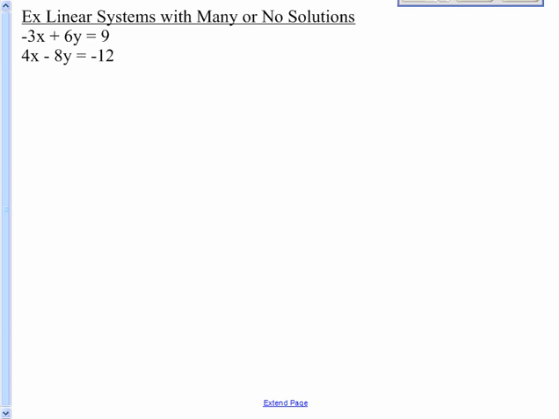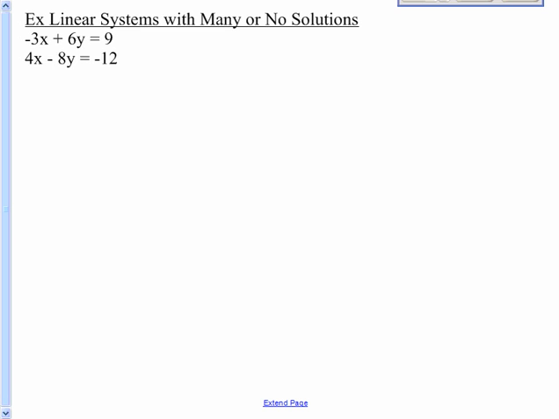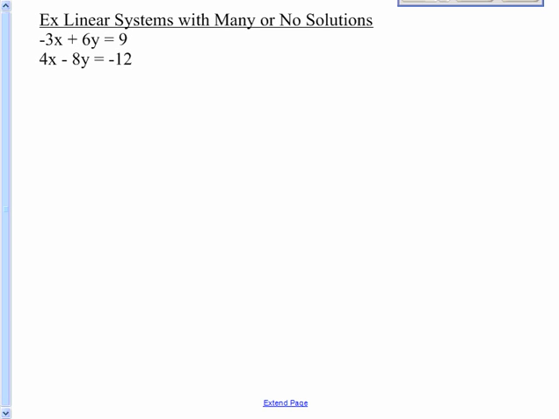So let's do one more here. All right, let's do this one by elimination now. Negative 3x plus 6y equals 9, 4x minus 8y equals negative 12. Let's use elimination and get rid of the x's. So I'm looking at the negative 3x and the positive 4x, and I say the least common multiple is 12. So why don't we multiply the top by 4?